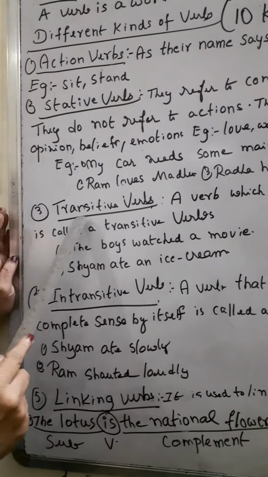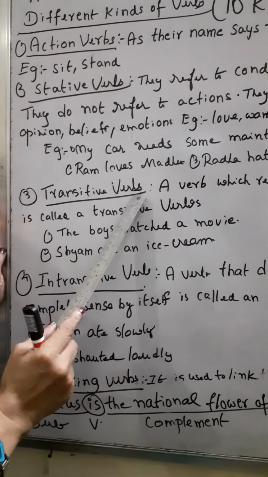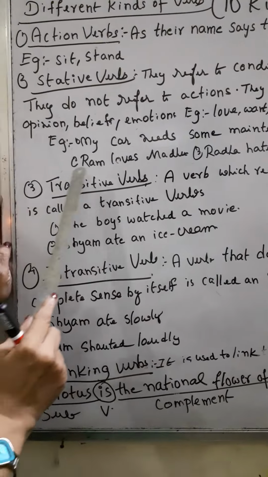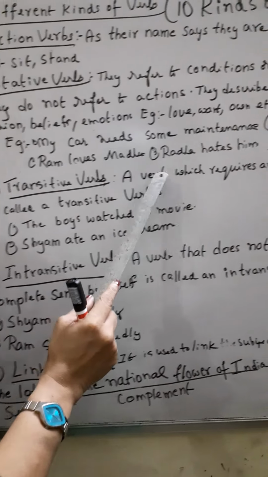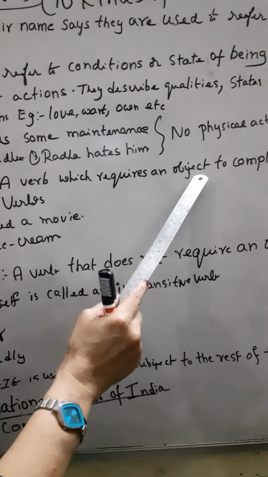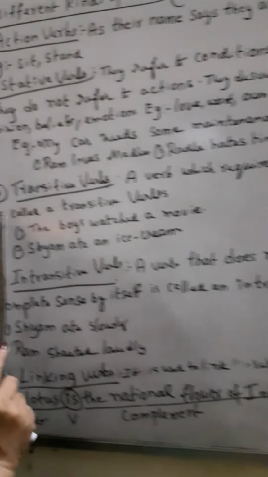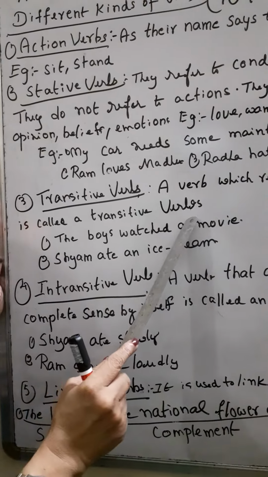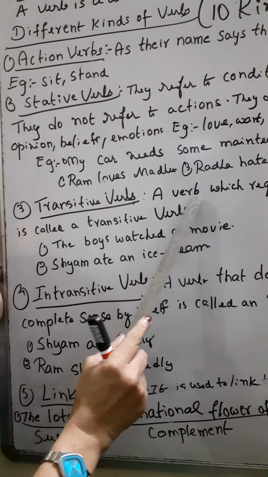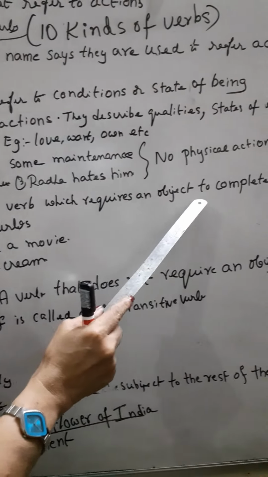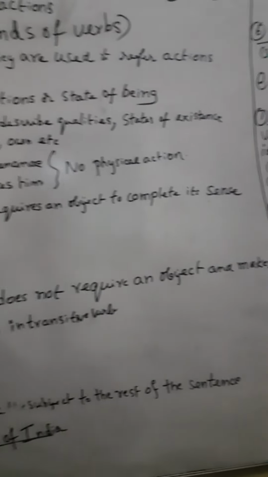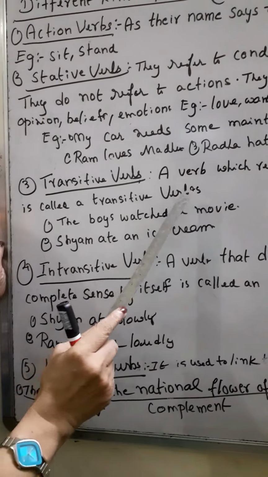Now our third form is transitive verbs. A verb which requires an object to complete its sense is called a transitive verb.